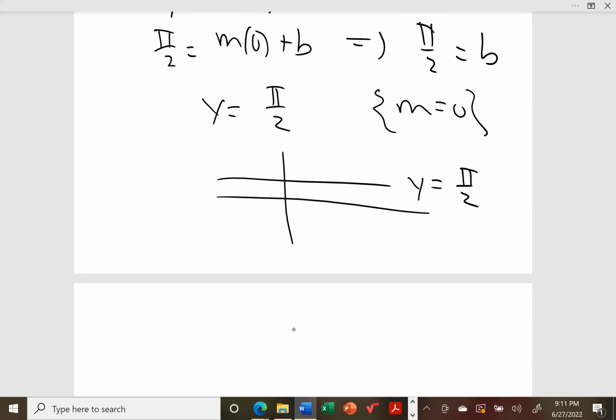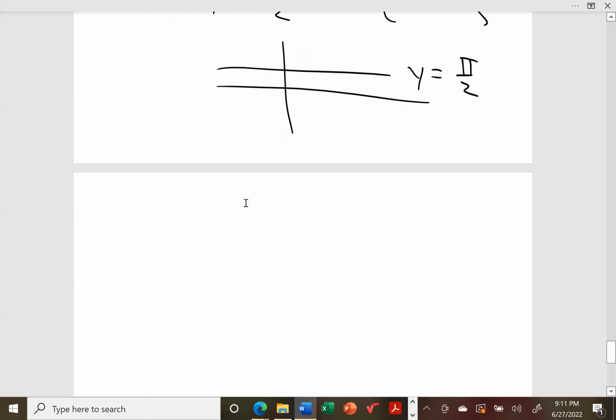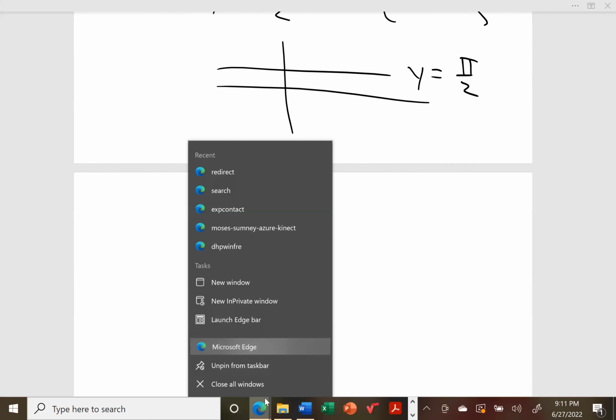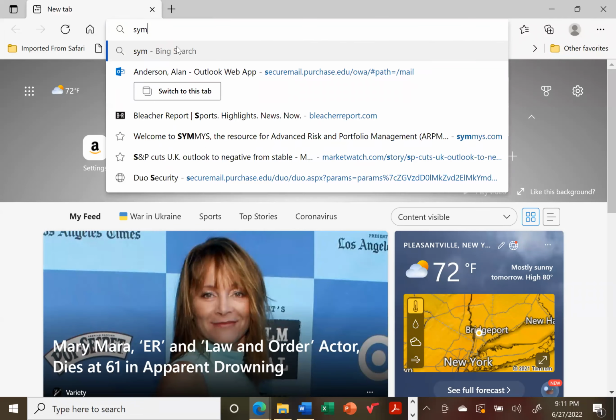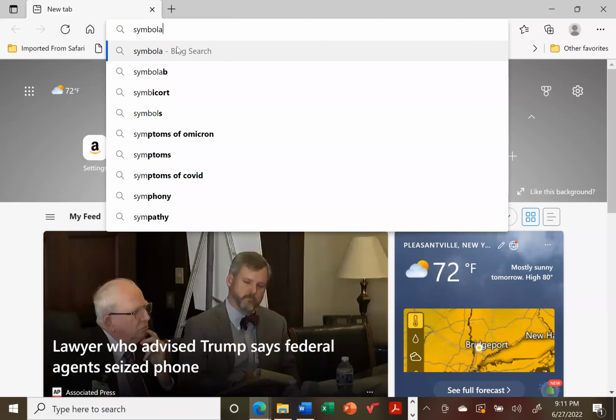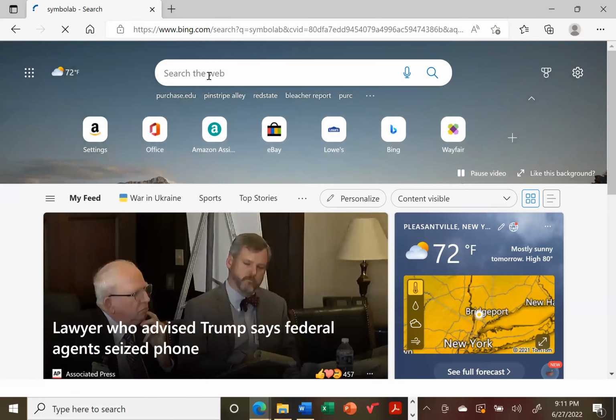Now, you might look at it and say, well, what a weird result. So what I'm going to do is go to Symbolab, and we're going to grab this graph. And when you see it, I think you'll agree that it looks right.